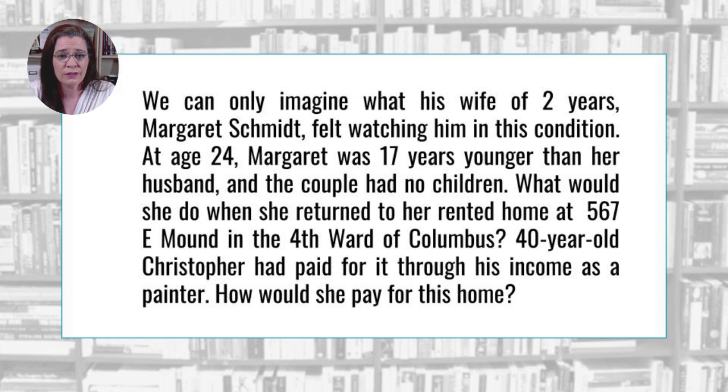At age 24, Margaret was 17 years younger than her husband, and the couple had no children. What would she do when she returned to the rented home on Mound in the 4th Ward of Columbus? 40-year-old Christopher had paid for it through his income as a painter. How would she pay for this home?